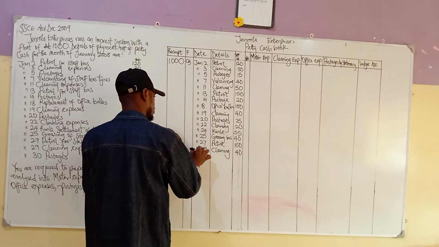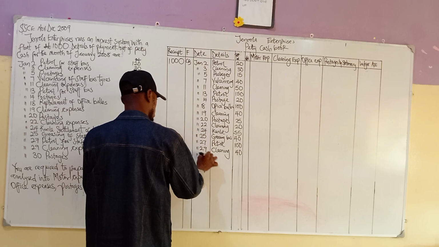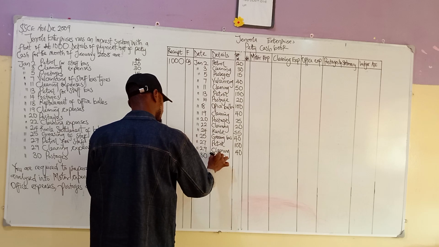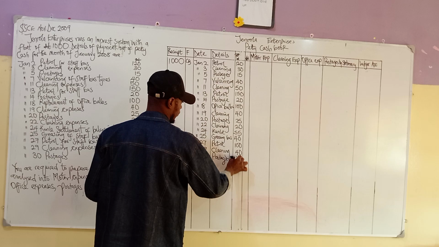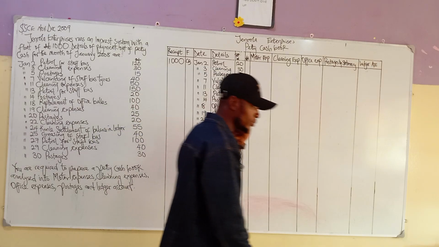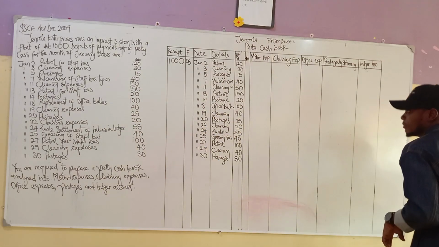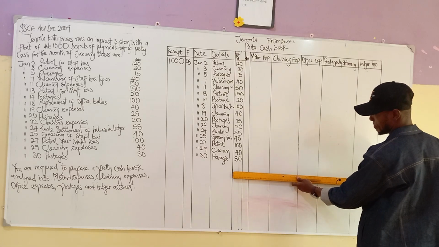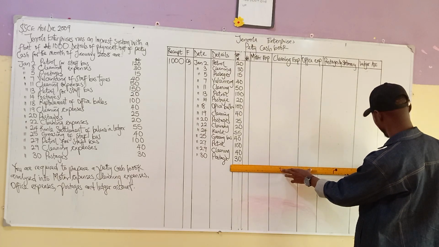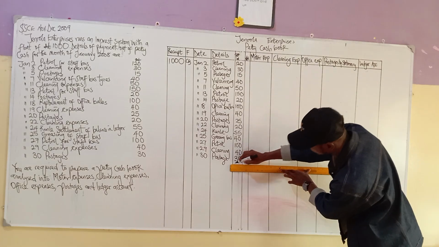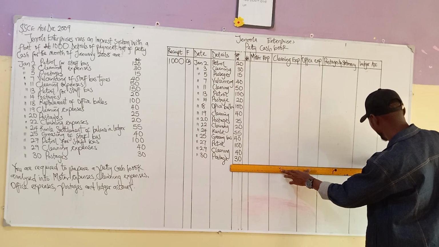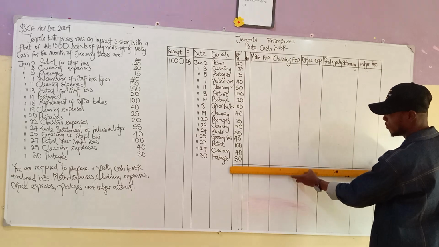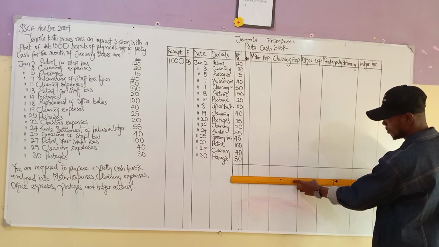Then the last one, January 30th, we have postage. Postage is 30. Now, I've outlined all my work. Great. I love using rulers in accounting. We take pride in making sure our work looks very neat and well presentable.